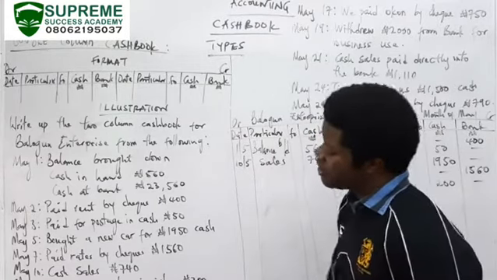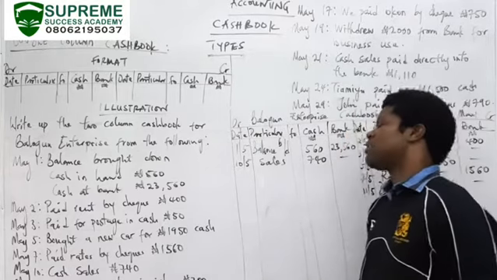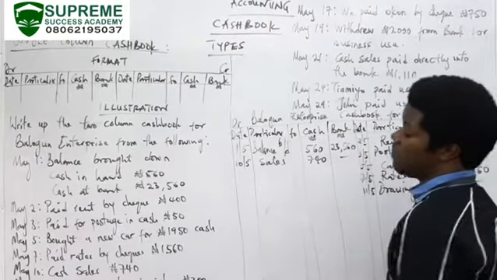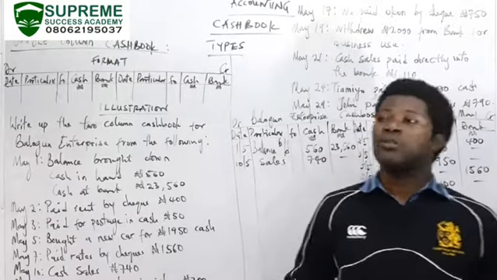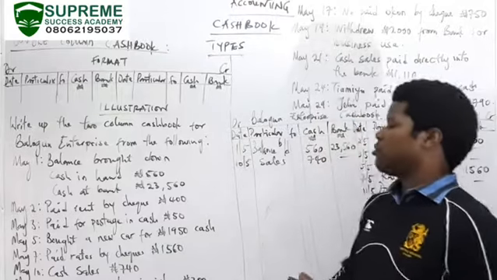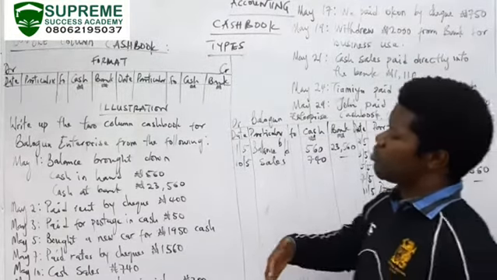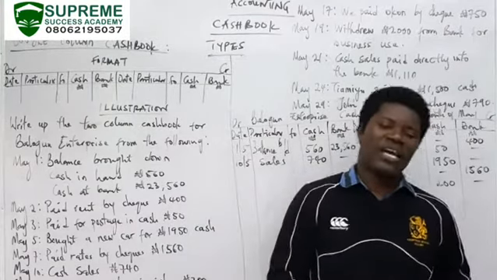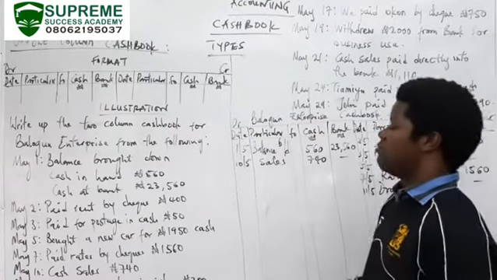Remember that we said in our previous class that double entry is defined as where we have a debit entry on one side and a corresponding credit entry on another side. For every debit entry there is a corresponding credit entry.